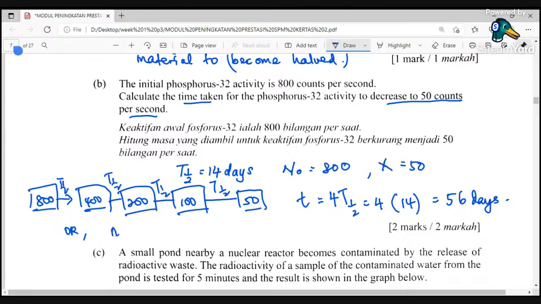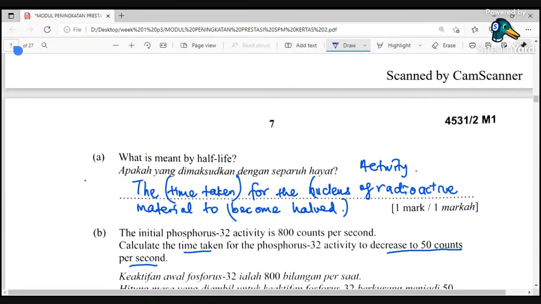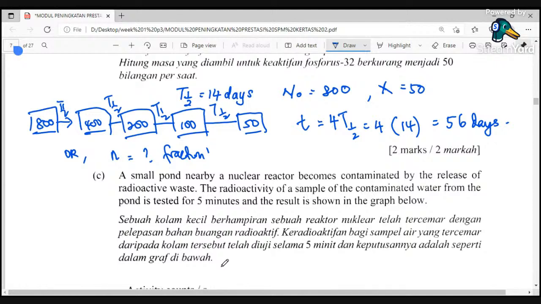Number of half-life you boleh calculate. So fraction left ialah berapa?